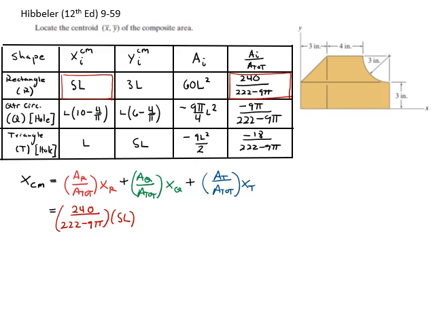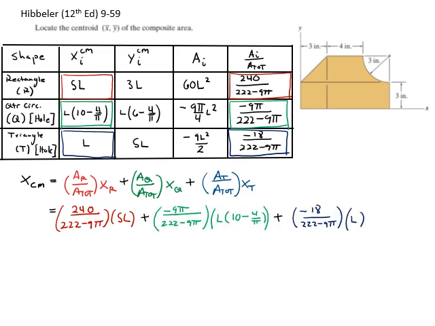And then I will do the same thing for the quarter circle here, multiplied by the center of mass of the quarter circle, and then the same thing for the triangle, this entry multiplied by this entry. So let me do that very quickly. Okay, there we have it.